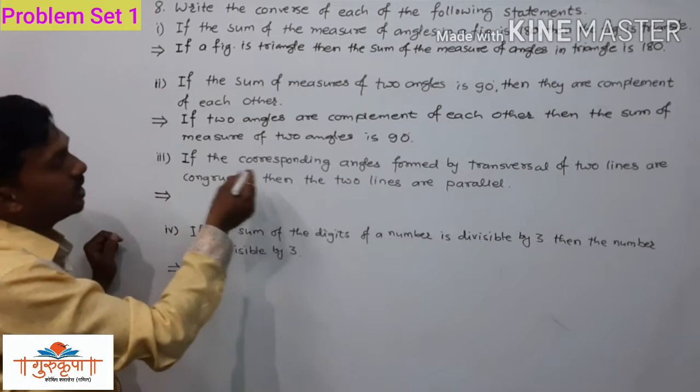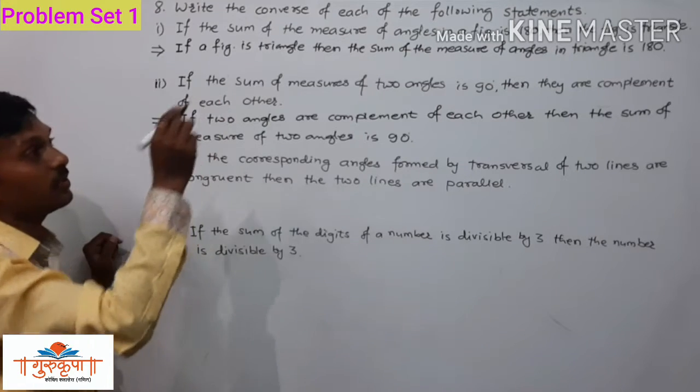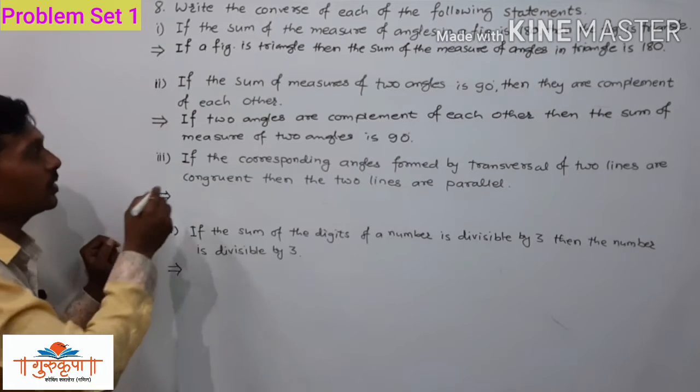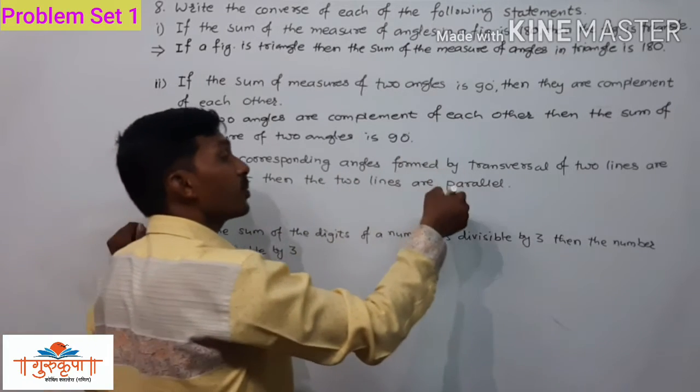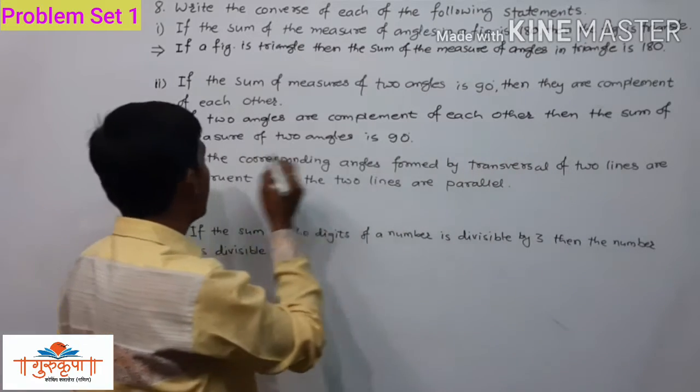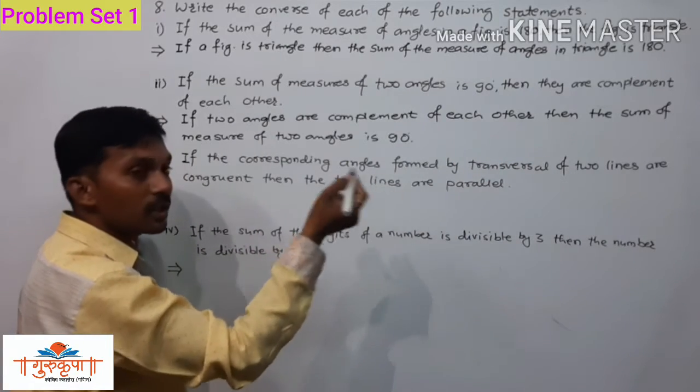Now we have the third example, and again the question is the same. We have to write the converse of the given statement. The statement is, if the corresponding angles formed by the transversal of two lines are congruent, then the two lines are parallel.